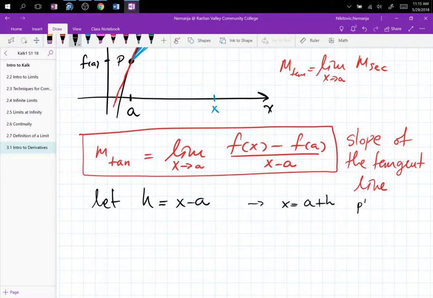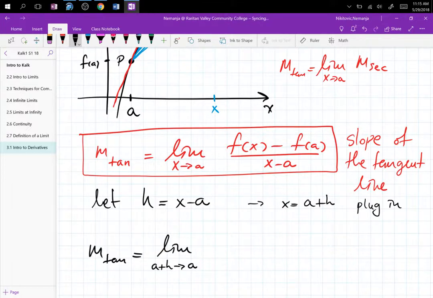And now plug in. Let's see what happens. So now m tangent becomes the limit. X is now a plus h that goes to a. It'll be a bit weird, but we can deal with it.